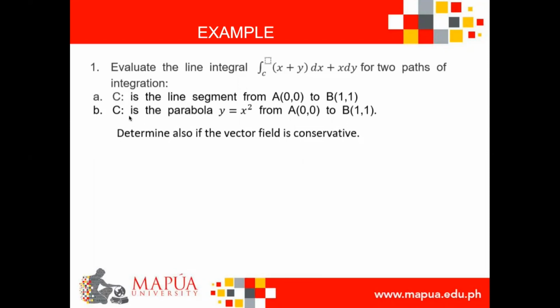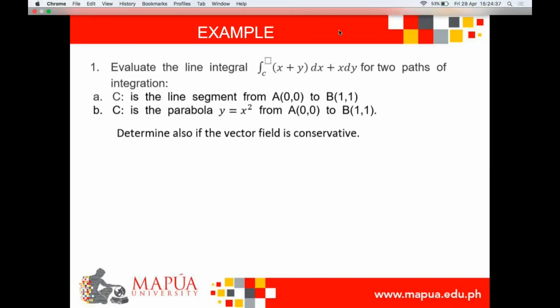And letter B, the curve C is the parabola y equals x squared from A whose coordinates are 0, 0 to B whose coordinates are 1, 1. Determine also if the vector field is conservative.